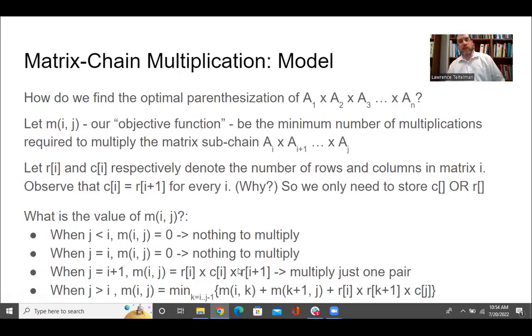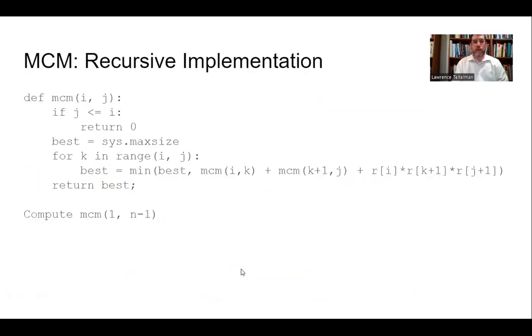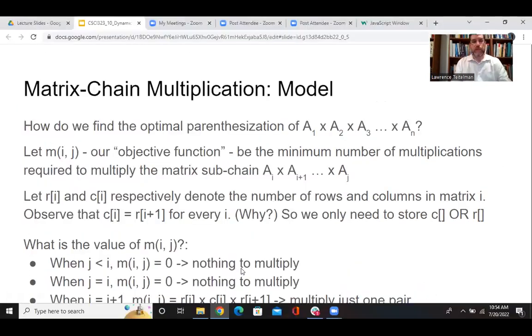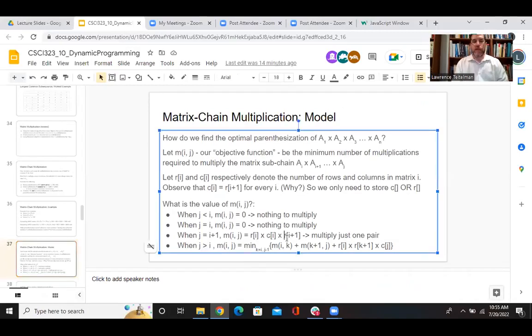That's a mistake there, so let me fix that. It should be the number of rows, times the number of columns, which is the same as the number of rows in the next one, times the number of columns.